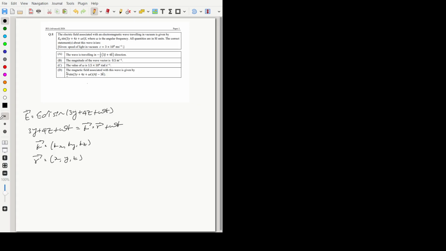From this comparison, I obtained that the wave vector k is 3 j cap plus 4 k cap. This might actually be confusing, so I will rewrite the unit vectors. I'll write this as 3 y cap plus 4 z cap. Now that should be fine.